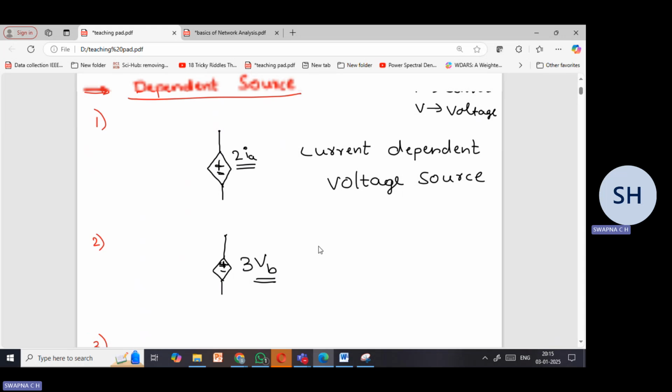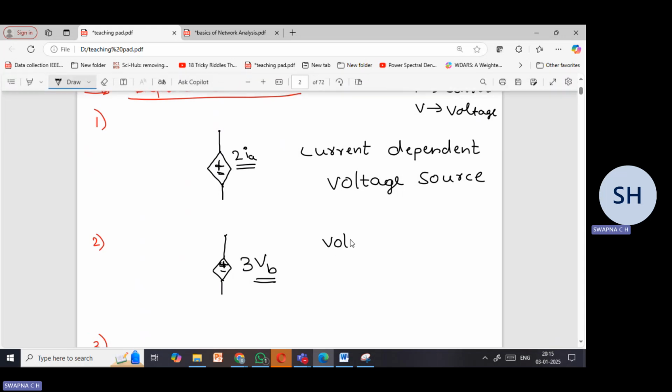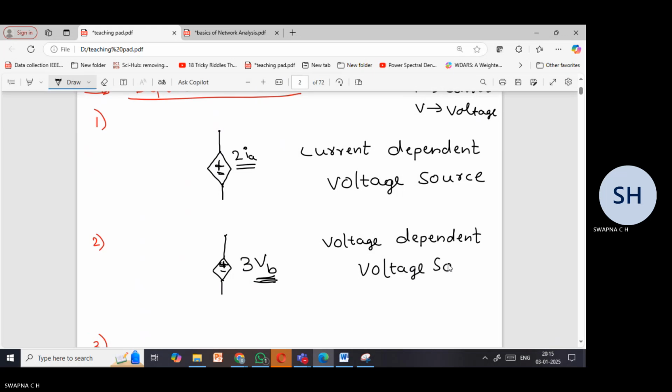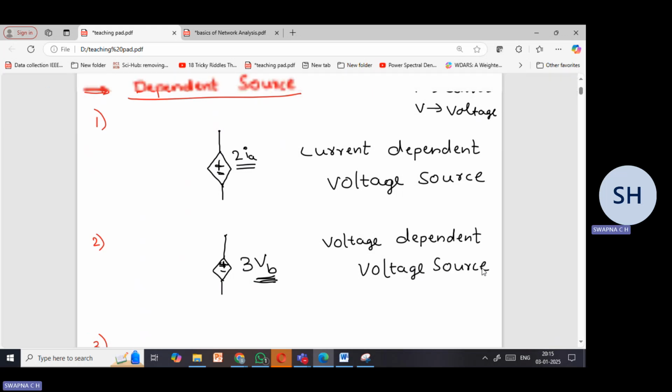So it is called a voltage dependent voltage source. So these are the two dependent sources with respect to the voltage.